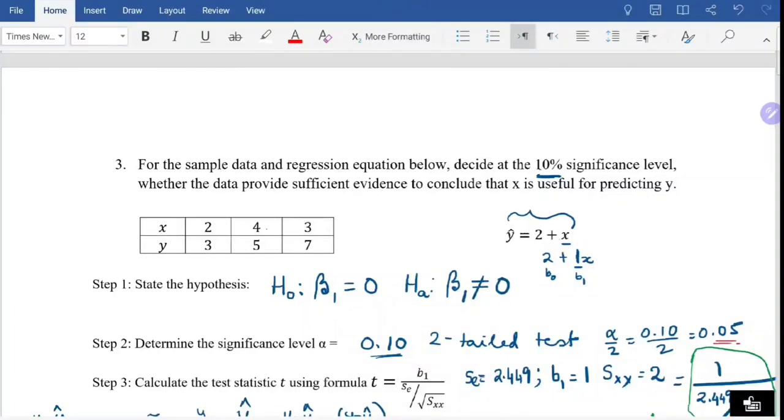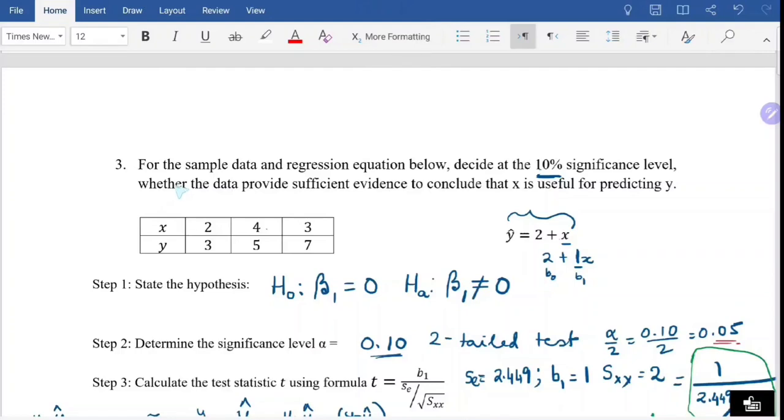Now for the third question in this worksheet, I have the problem already worked out, so I'm just going to explain it. The question uses that same simple set of data that we have been using so far for this chapter. These are the three quantities for x and y: 2, 3; 4, 5; and 3, 6; 3, 7.